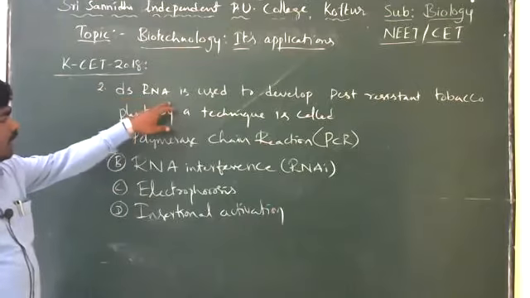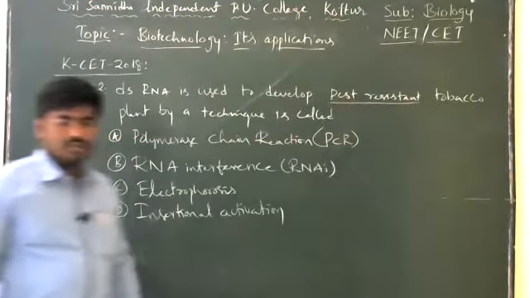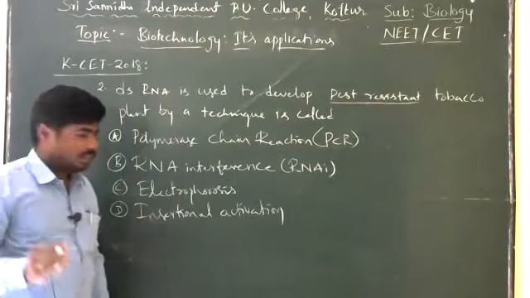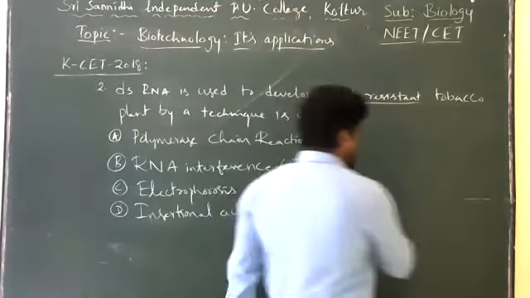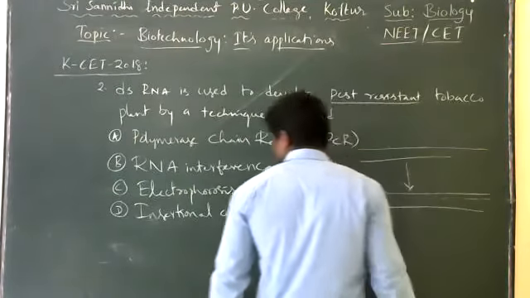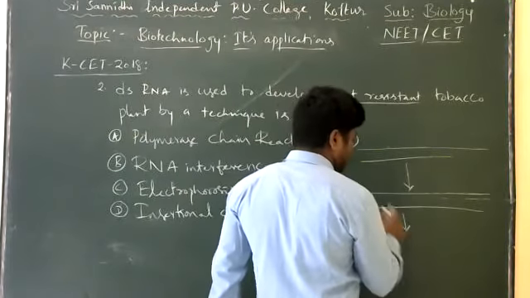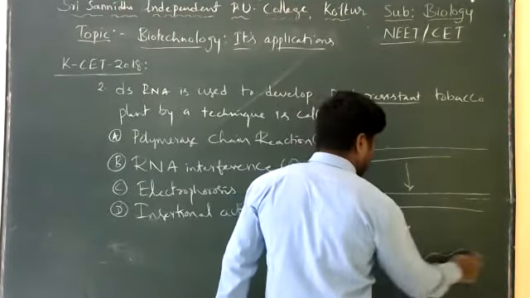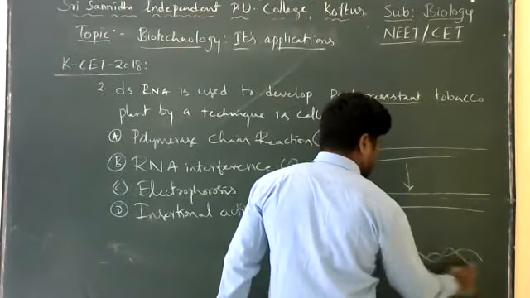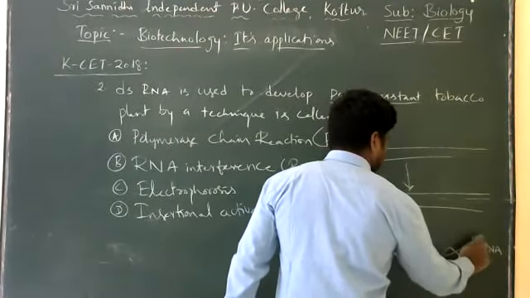So double-stranded RNA is used to develop pest-resistant plants. If you form double-stranded RNA, that is called RNA interference. This double-stranded mRNA is not involved in translation. There is no translation if it forms double-stranded mRNA.